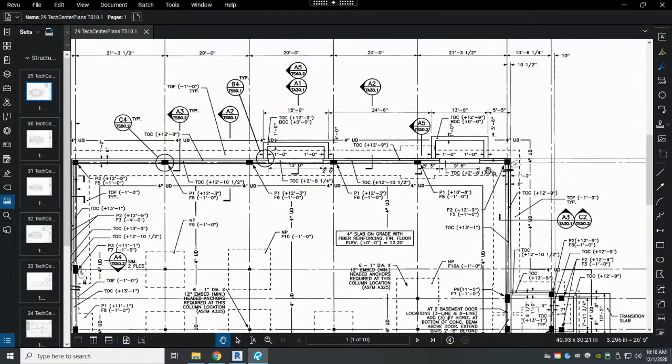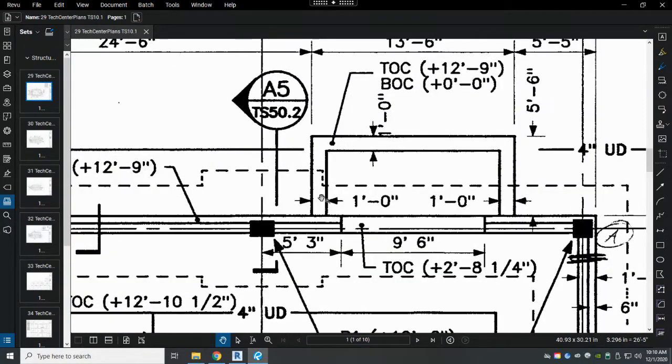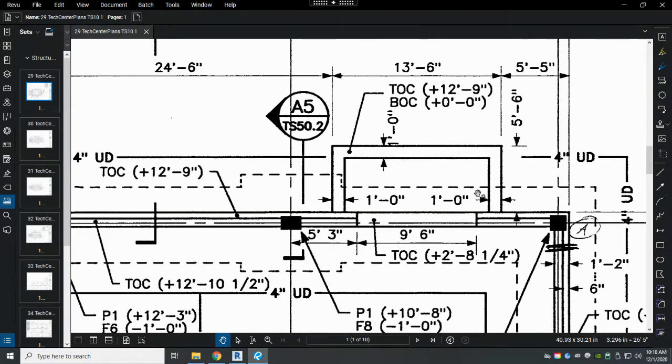So we can take, for instance, this outside, this is called an areaway, and it's creating the space that we need to have the intake for the mechanical system that's providing fresh air to the rest of the building. And we have a TOC and a BOC. TOC stands for top of concrete, and BOC stands for bottom of concrete.